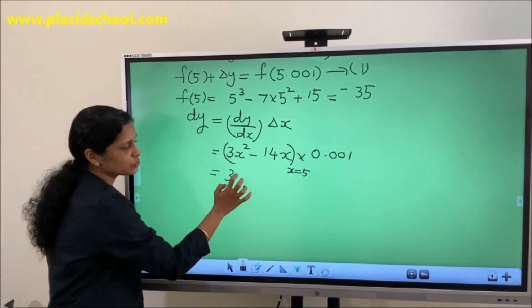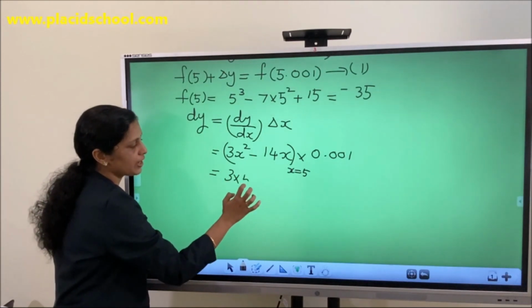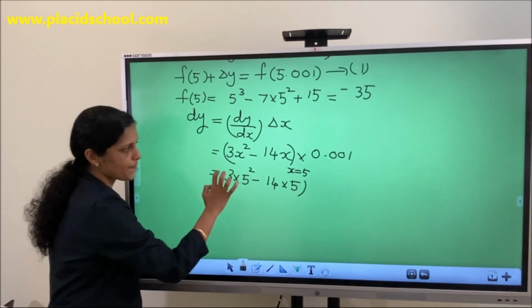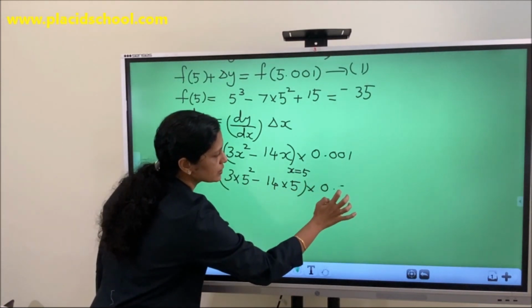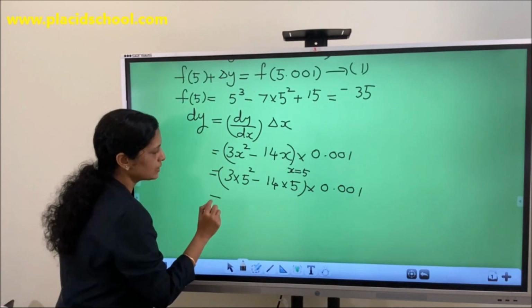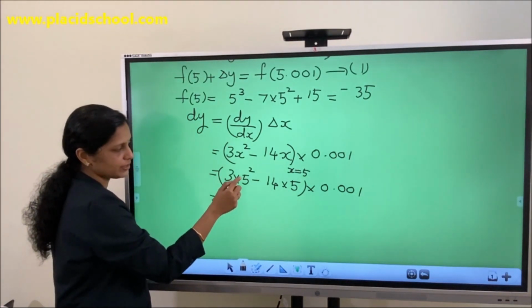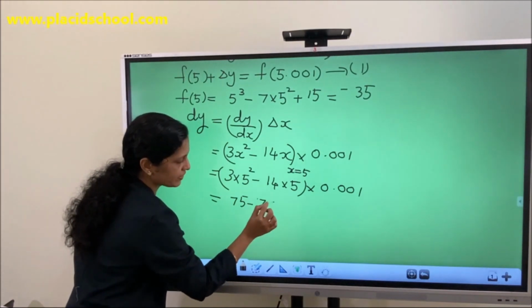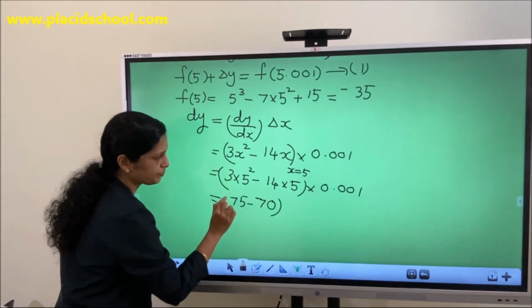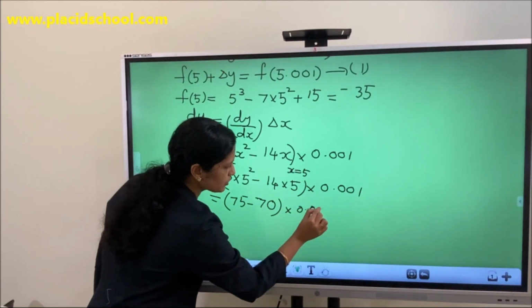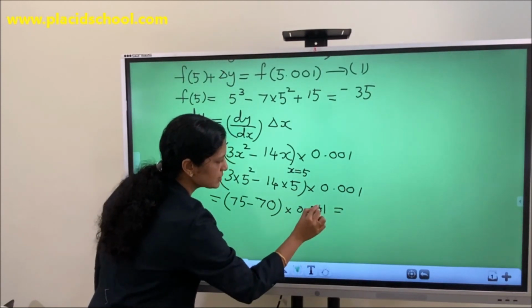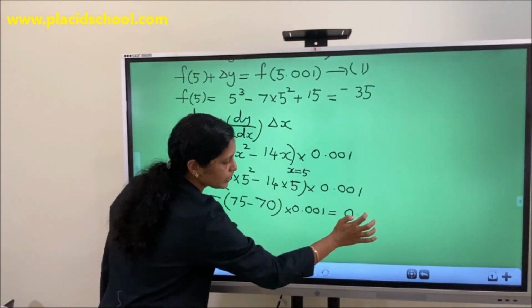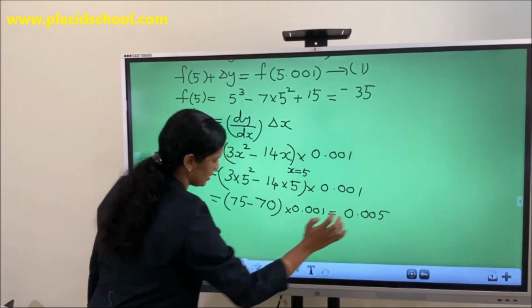That is, this is equal to 3 into 5 square minus 14 into 5, into 0.001. That is 75 minus 70, into 0.001. The value is equal to 0.005.